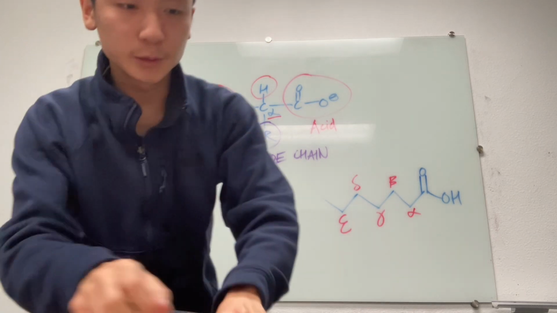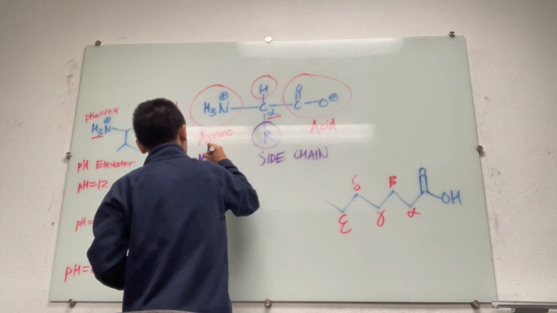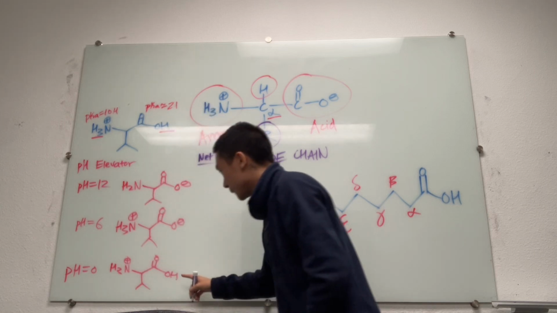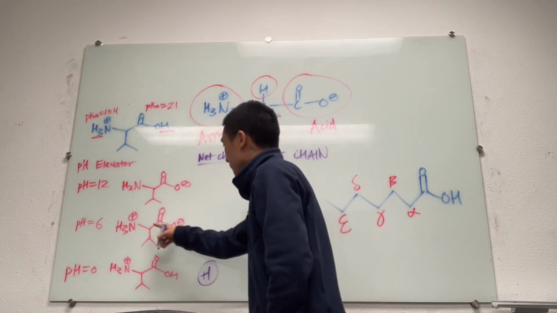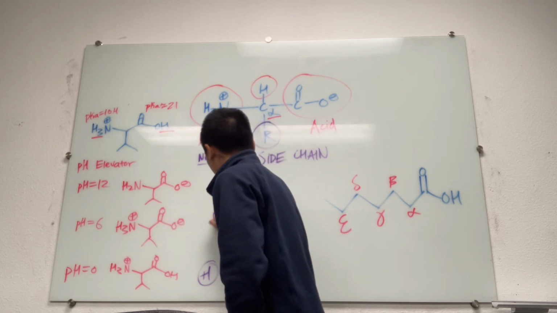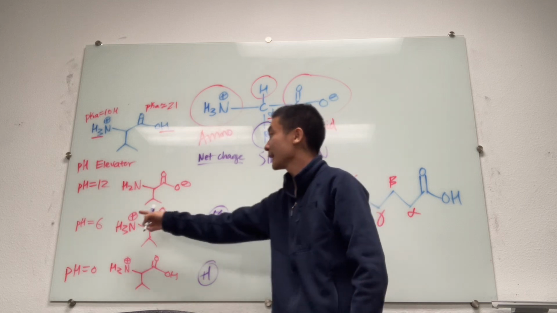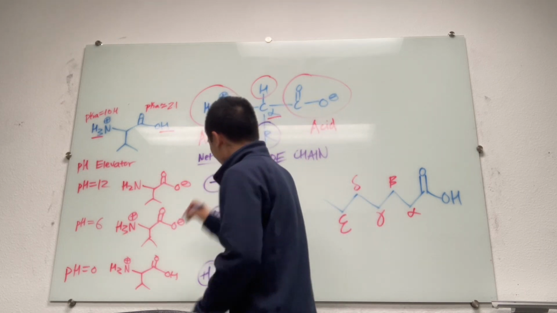So if we were to see the net charges of these amino acids, the net charge of the bottom one here is going to be +1. The net charge of the middle one is going to be 0 because +1 minus 1 is going to be 0. They're going to cancel each other out. This will have a net charge of -1.